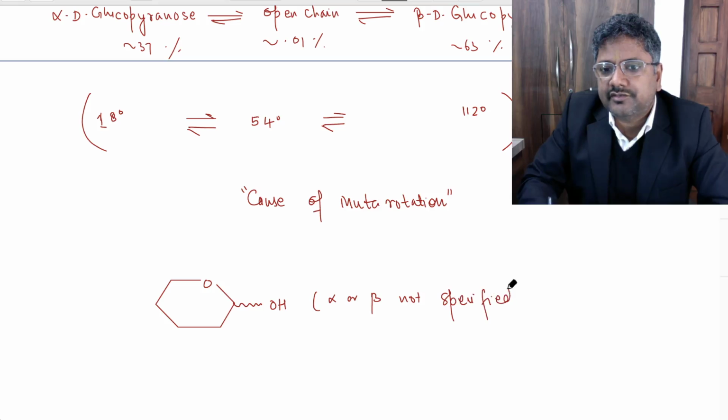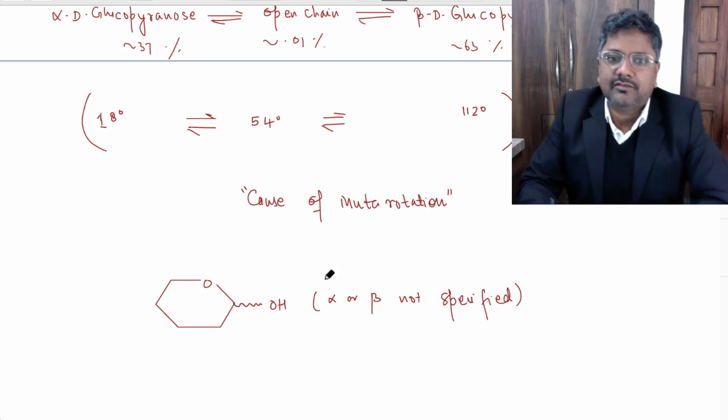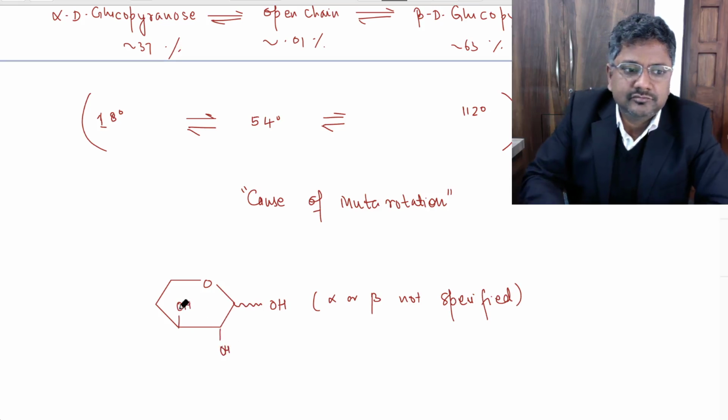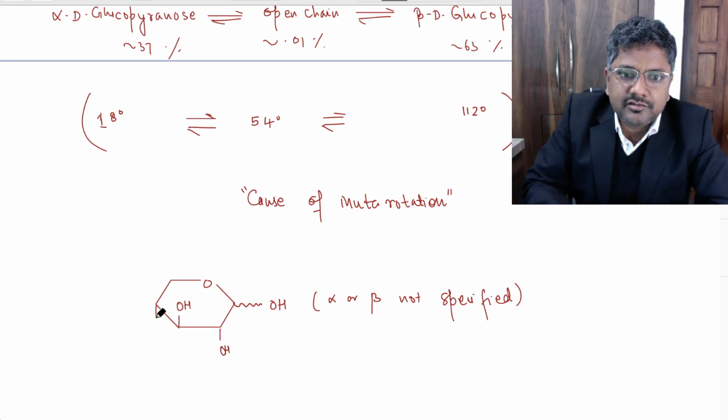So if alpha or beta is not specified, then this zigzag line is shown like this, OH, OH, OH.